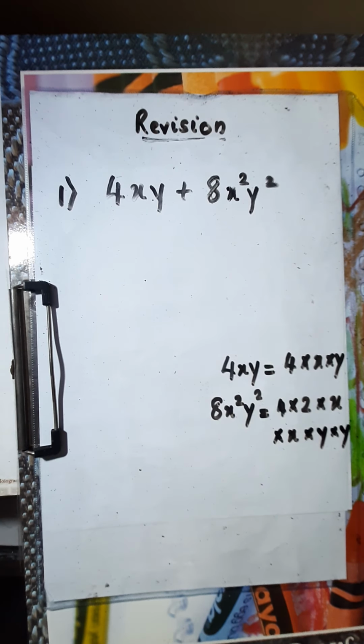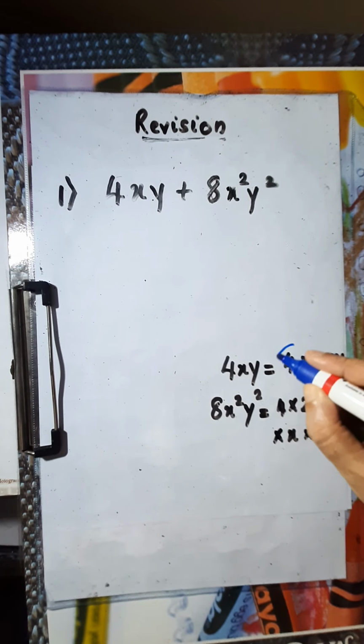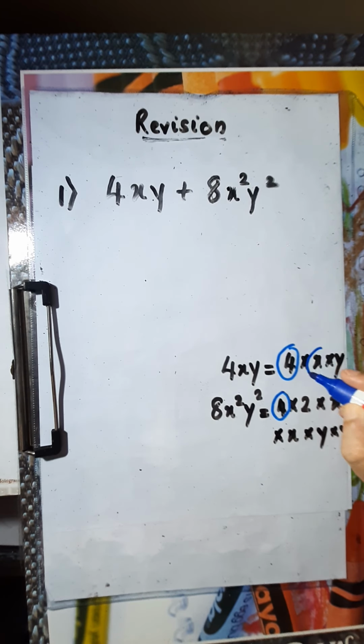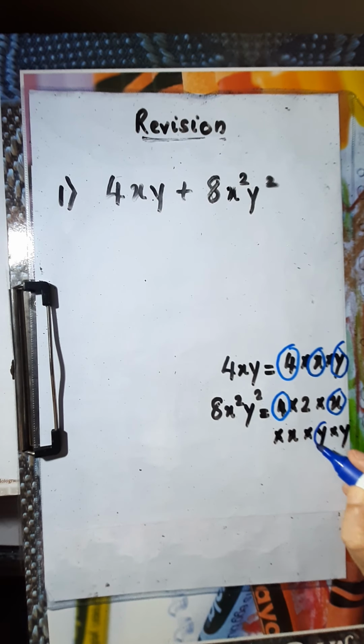Let's circle the common. There is a 4 common, x is common and one y is common, correct?